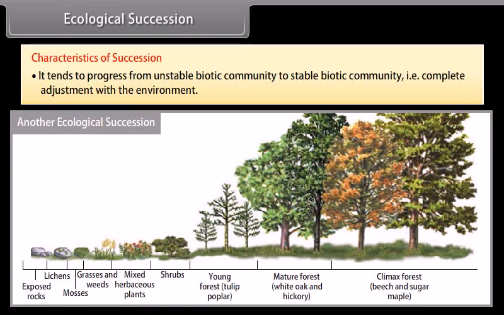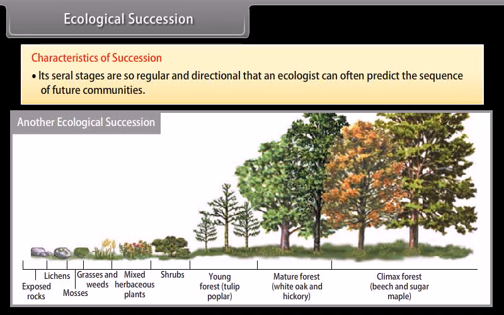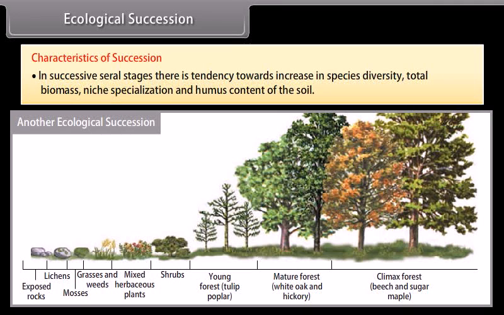Characteristics of succession. It tends to progress from an unstable biotic community to a stable biotic community, that is, complete adjustment with the environment. Its seral stages are so regular and directional that an ecologist can often predict the sequence of future communities. In successive seral stages, there is a tendency towards increase in species diversity, total biomass, niche specialization, and humus content of the soil.